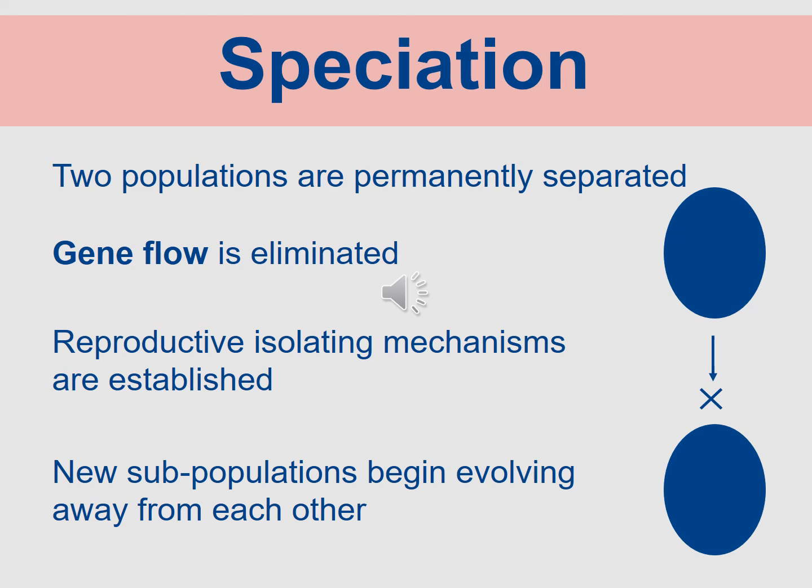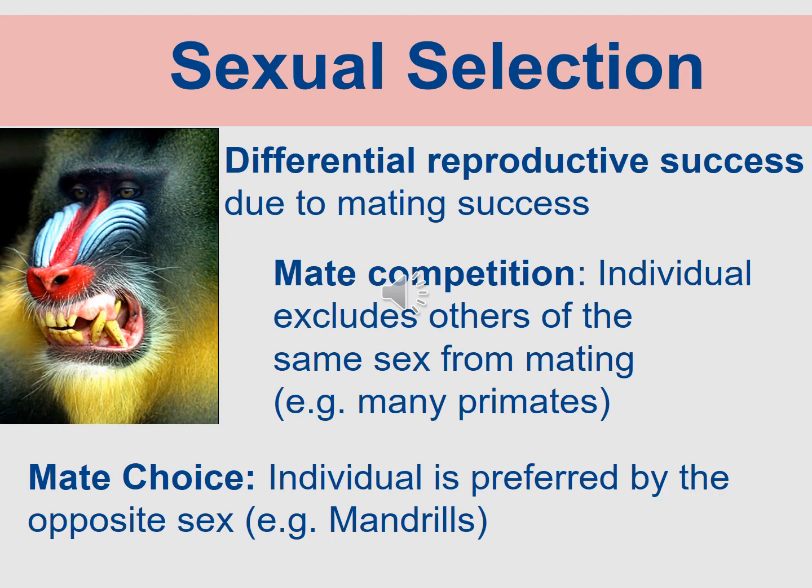Sexual selection is the last component I just want to briefly mention, and you notice some of the components of natural selection is being able to create more offspring, right? Differential reproductive success and differential reproductive output.